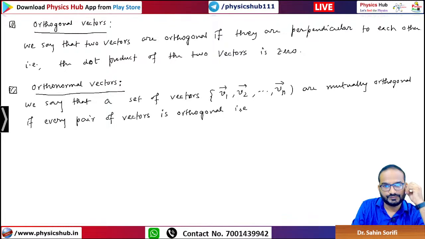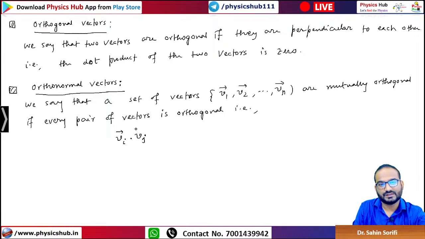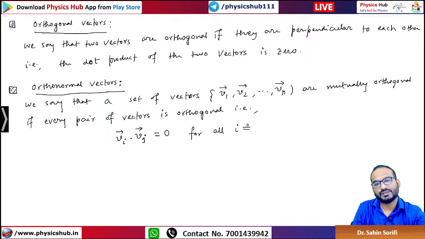In common terms, you can see v1, v2, v3 and so on. Any vector you can denote by vi. Any pair will be vi dot vj. Let's say if you choose i equals 1, j equals 2, then it will be the dot product between v1 and v2. If you take v2 and v3, then i equals 2, j equals 3. So vi dot vj is the general dot product for any pair. It should be 0 for all i not equal to j.